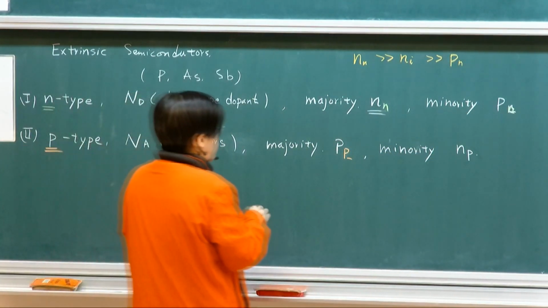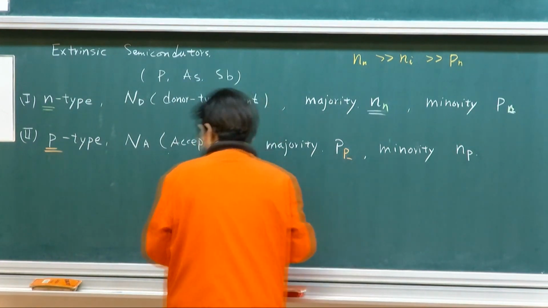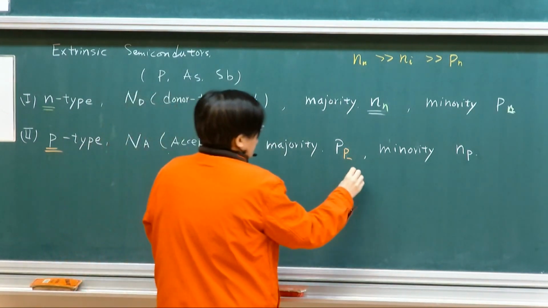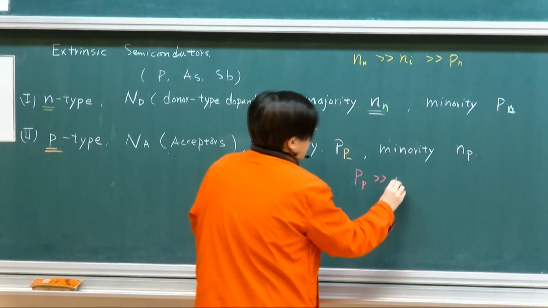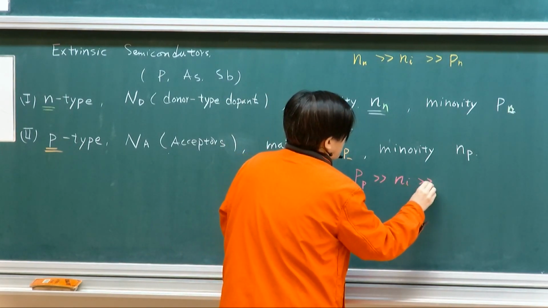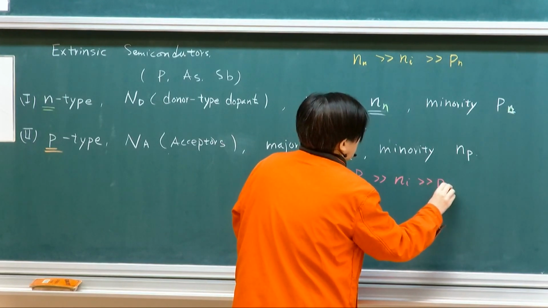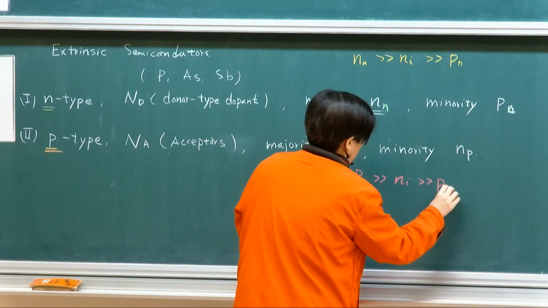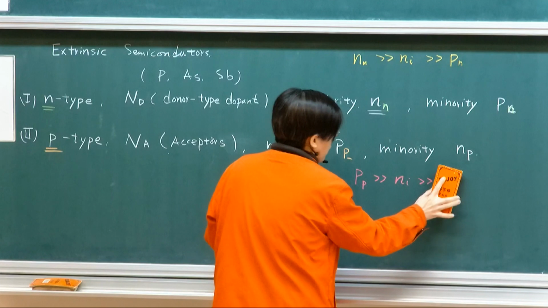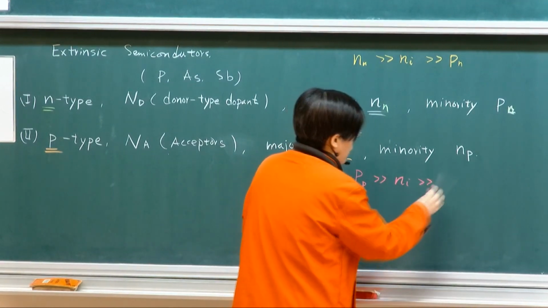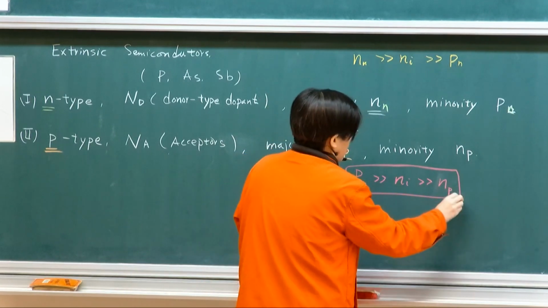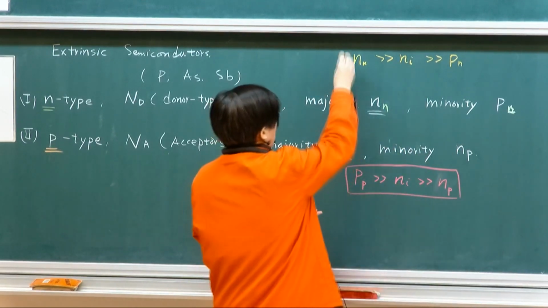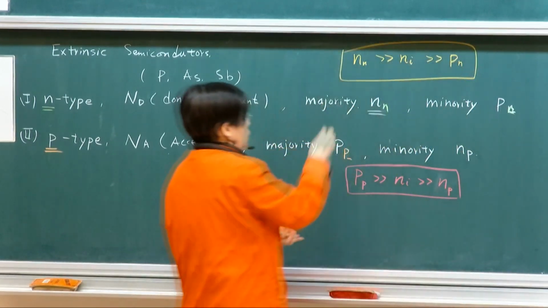And this is also true for P-type in most cases. In P_P, sorry, the same statement stands for P-type. And the above is for N-type.